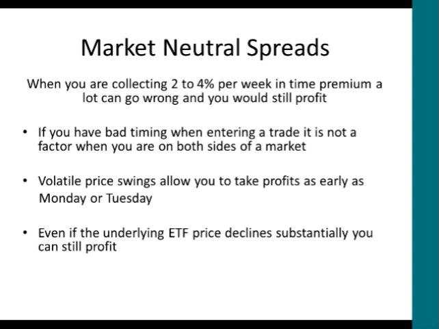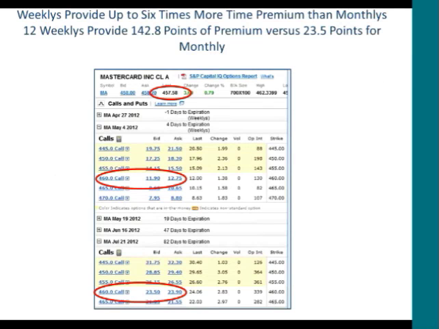And if you're collecting this 2 to 4% per week in time premium, you can be profitable even if the underlying ETF declines in price. You can still be profitable if you're collecting a 200% cash-on-cash return.